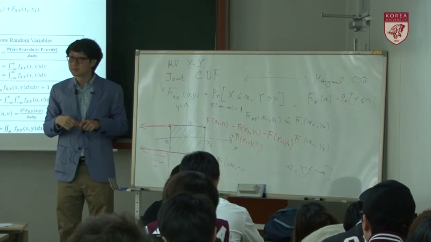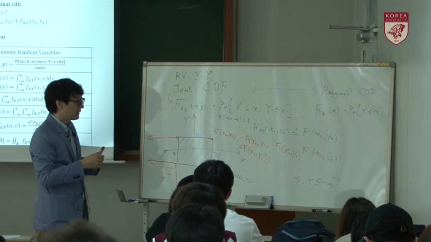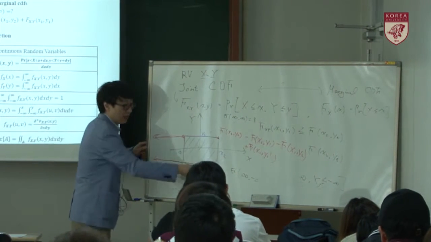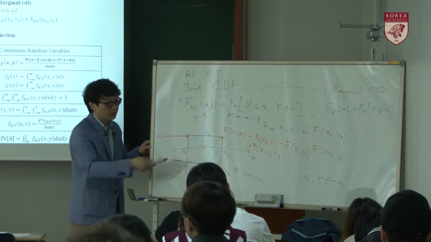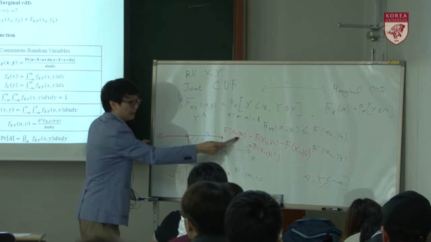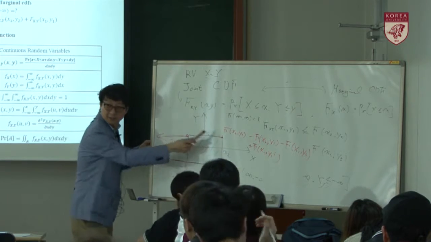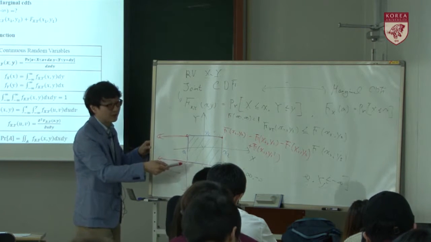Right? Okay, so the basic goal is we want to calculate this area using the CDF. In order to calculate this area, we start from this value. This value is the whole probability of everything. Then from here, we subtract this one.